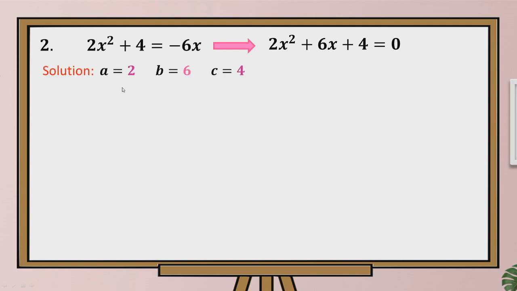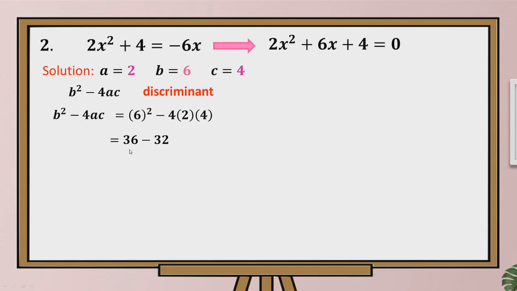And so, the coefficients are a equals 2, b equals 6, and c equals 4. So using our discriminant, we substitute these values, and our discriminant is equal to 6 squared minus 4 times 2 times 4. And that is equal to 36 minus 32.